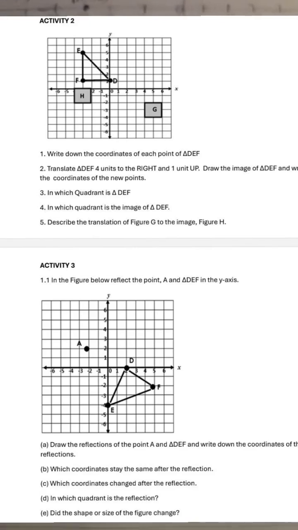When we speak about translation, we refer to vertical translation, which is up and down movement by a certain number of units, or horizontal translation, which is left and right movement by a certain number of units. What's nice is that we can actually describe that translation.